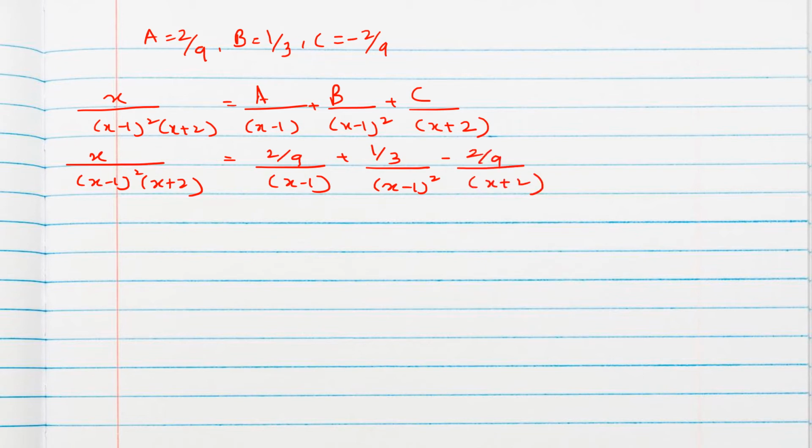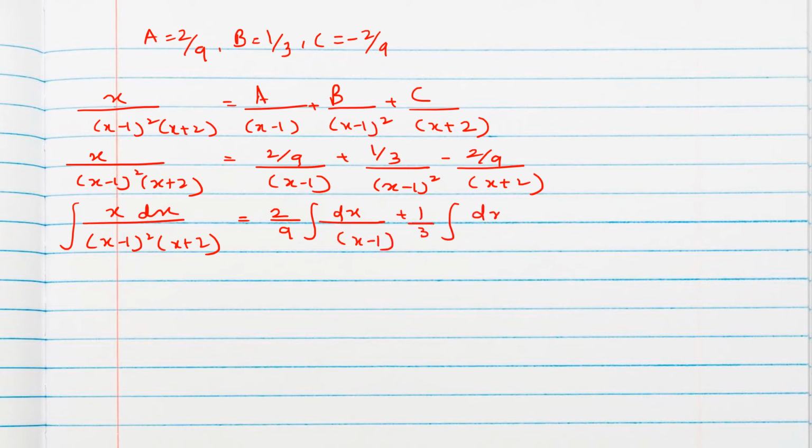Now apply the integral both the sides. So integral x by x minus 1 square x plus 2. Here 2 by 9 coefficient we can take out. So dx by x minus 1 will come. 1 by 3 we can take out, dx by x minus 1 square, minus 2 by 9 dx by x plus 2.